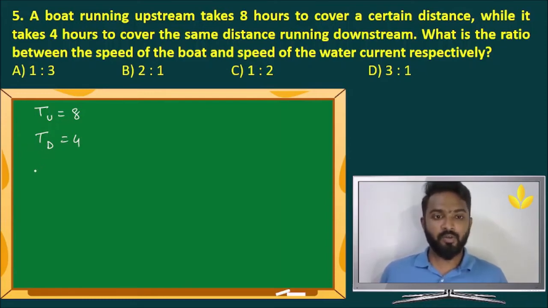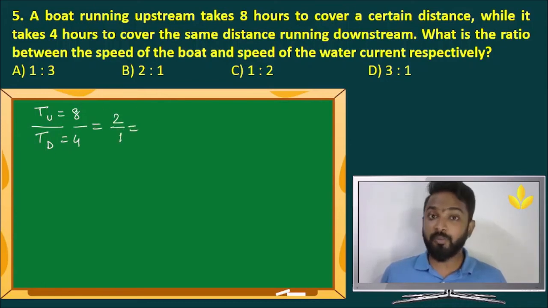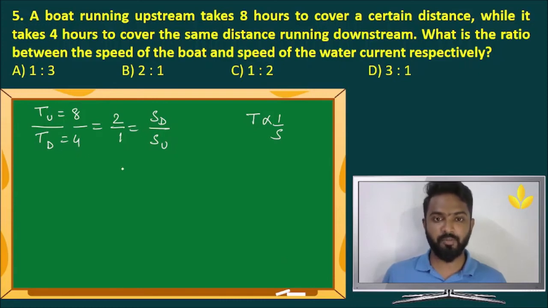Now we all know that time is inversely proportional to speed. So ratio between the times, that is 2:1, is the exact opposite of the ratio between the speeds. So this is time of upstream divided by time of downstream. So this will be speed of downstream equals speed of upstream, because time is inversely proportional to speed. It will be the exact opposite.